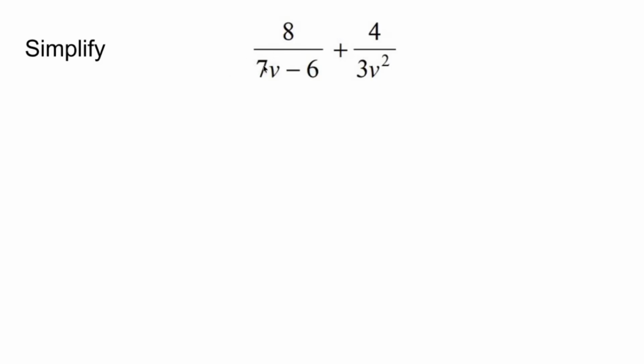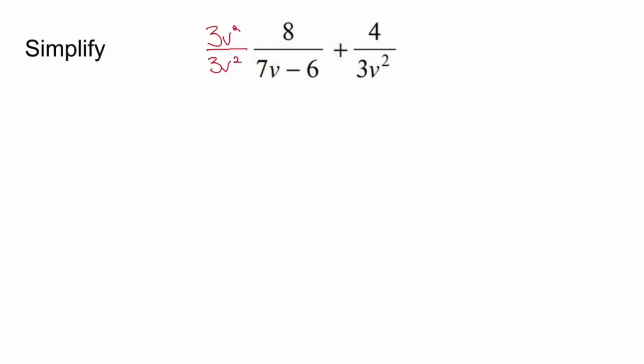Simplify 8 over 7v minus 6 plus 4 over 3v squared. Whenever you add fractions and the denominators are not the same, you need to make them the same. It's not going to be pretty, but since this denominator is 3v squared, I'm going to multiply this first fraction by 3v squared over 3v squared.